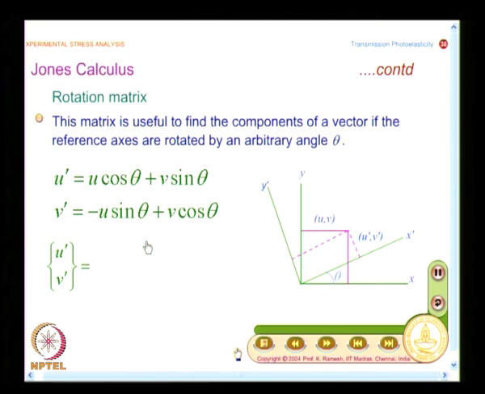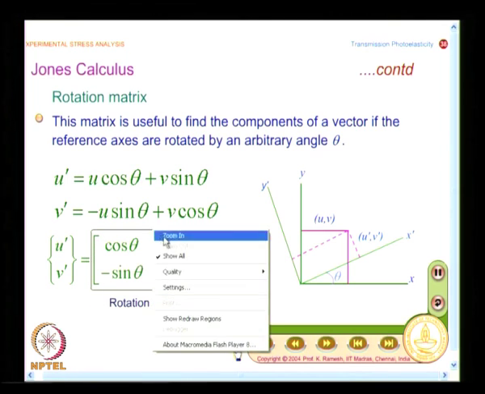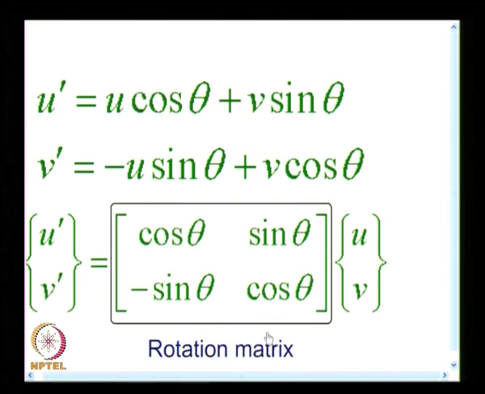What we are going to do is, I know u comma v, I want to find out u prime v prime, and this can be obtained by pre-multiplying u v by a matrix: cos theta, sin theta, minus sin theta, cos theta. So, I have this rotation matrix.